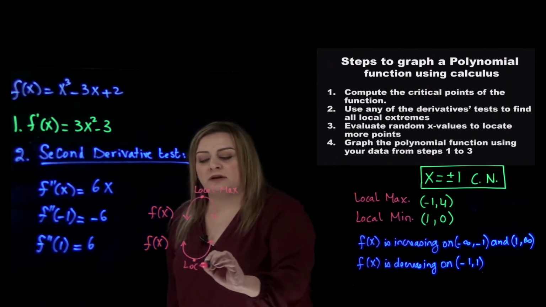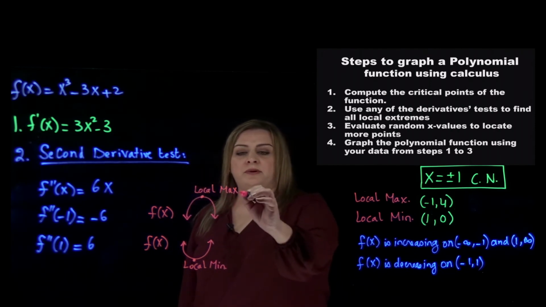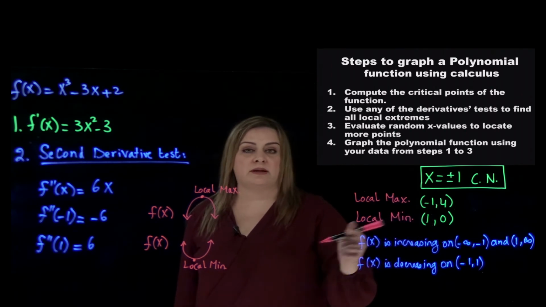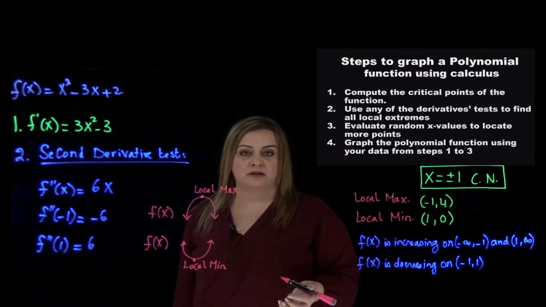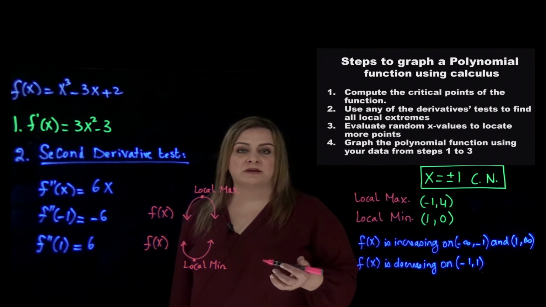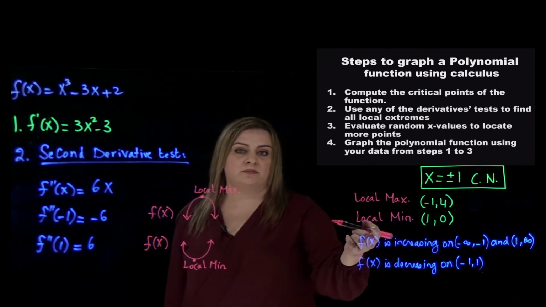So I have a local min at that point, which also matches my finding when I applied the first derivative test. So feel free to use any of the tests. As long as you apply them correctly, you will arrive at the same conclusion, as we saw.